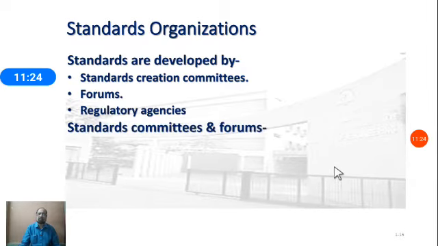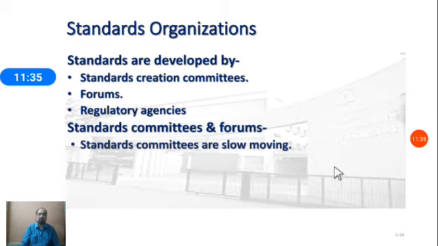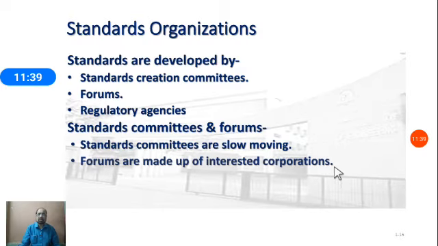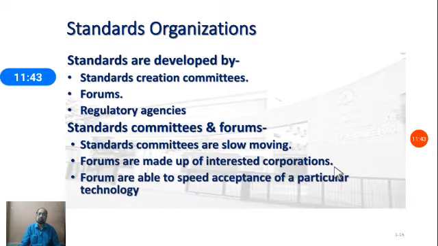In telephony in India, TRAI is there, the Telecom Regulatory Authority of India, that governs the rules. Standard committees and forums are slow moving, and forums are made up for the interest of the corporations. Forums are able to speed the acceptance of a particular technology.